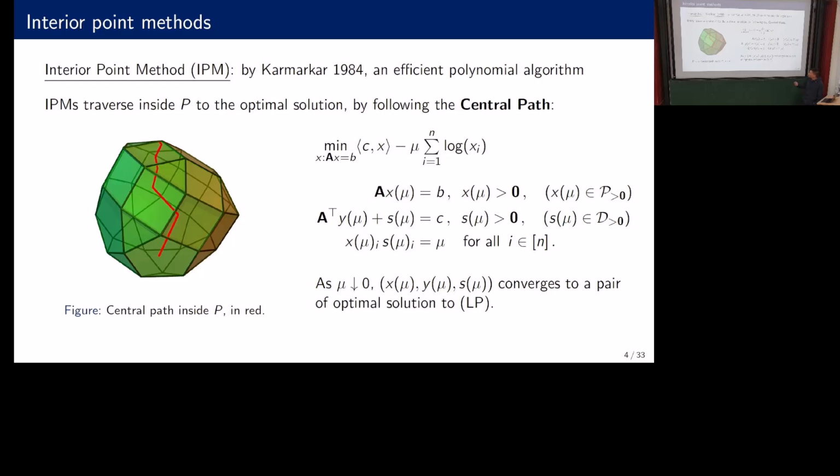As the parameter mu goes down to 0, the central path converges to a pair of optimal solutions to the linear program. Although the central path is a very smooth, infinitely differentiable object, it is still a non-linear higher dimensional equation.